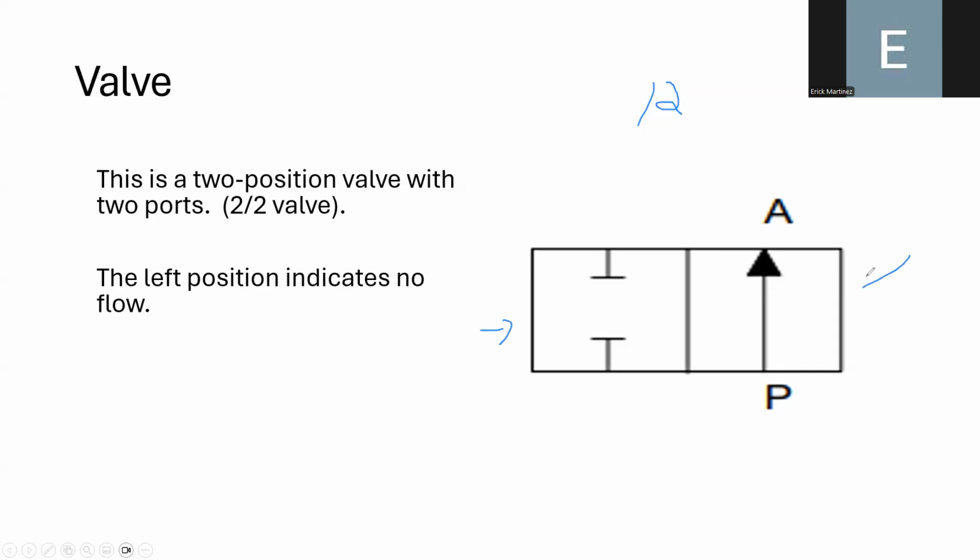But for the second position, you can see that the airflow is moving from port B to A. And also we can see that we only have two ports, or two ways. So we can indicate this by a 2, okay? So you can notice that in this first position, there will be no airflow. But in this position, there will be airflow, and this will be from port B to A, okay?